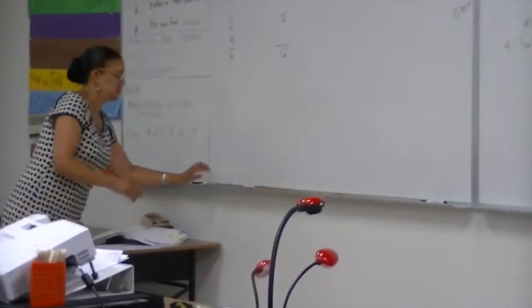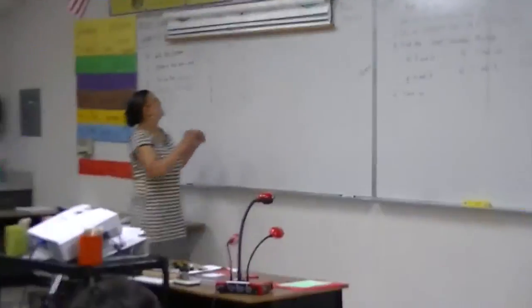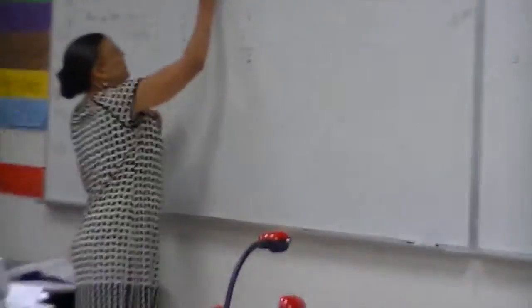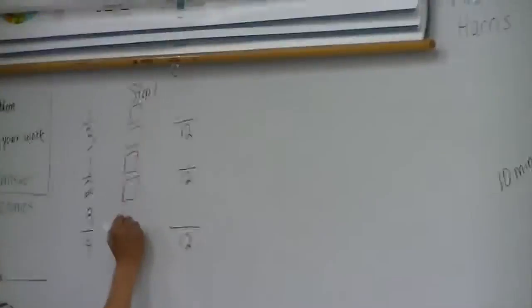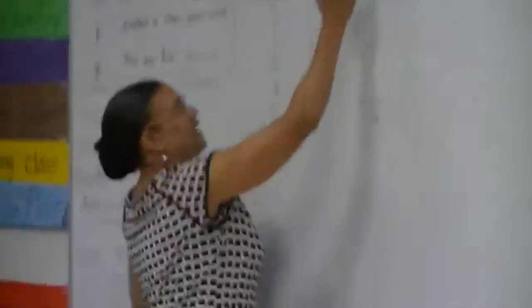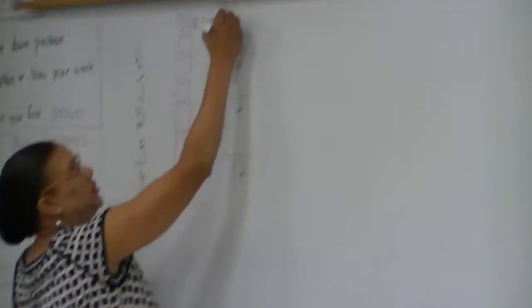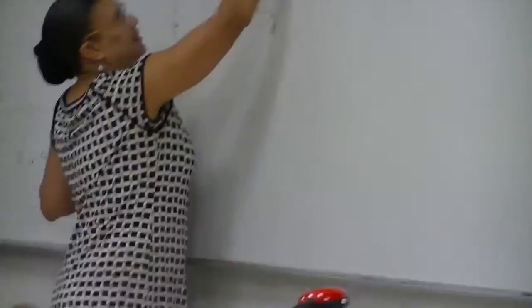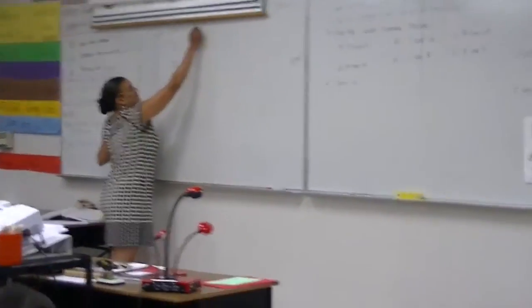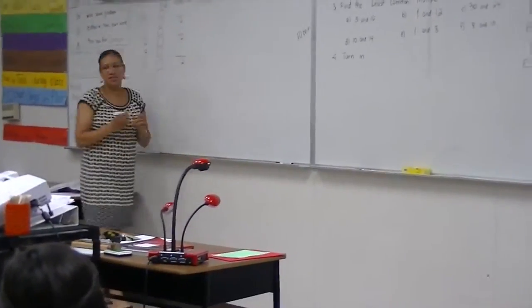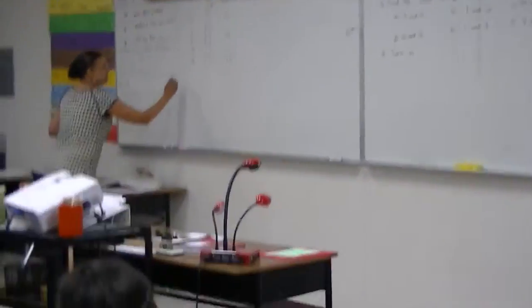Let me use a different color. So the first step we do is rewrite the fraction. What do I do next after I rewrite the fraction? Step 2.